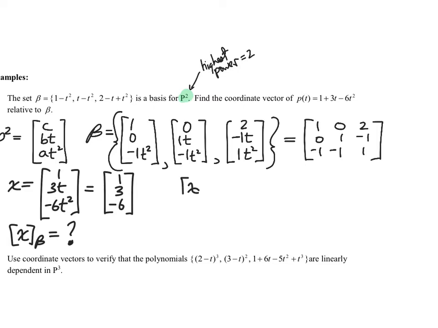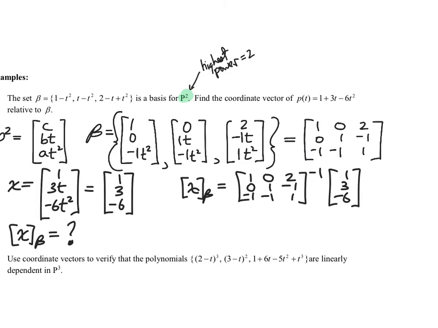So x sub beta is going to be the inverse of 1, 0, negative 1, 0, 1, negative 1, 2, negative 1, 1, multiplied by 1, 3, negative 6. Okay, so that's calculator work.